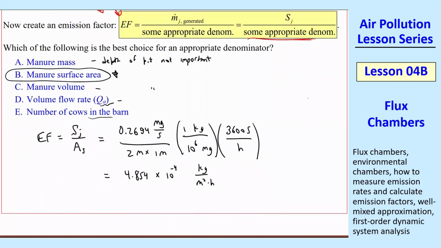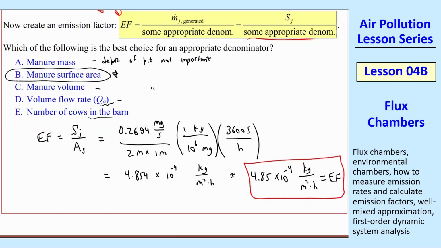So I get 4.85 times 10 to the minus fourth kilogram per meter squared hour. And I would round that to, we're really only good to 2 digits here, but I'm going to round it to 3 digits just to be consistent. So 4.85 times 10 to the minus 4 kilogram per meter squared hour is my EF that I measured from this flux chamber. And that's how this whole process works.